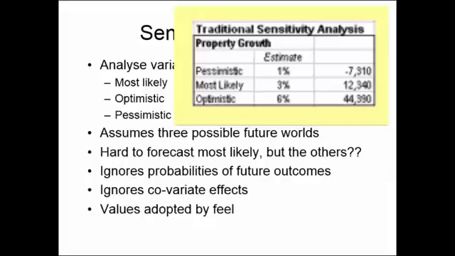There is another problem related to this which is a little subtle, and that is that if, say in the example where we have estimates of the property growth of 1, 3 and 6% being the pessimistic, most likely and optimistic, it really suggests that we're quite confident, in fact we're somehow sure, that the world is going to end up in one of these three cases, and certainly we are implying that property growth will never be less than 1% or greater than 6%.